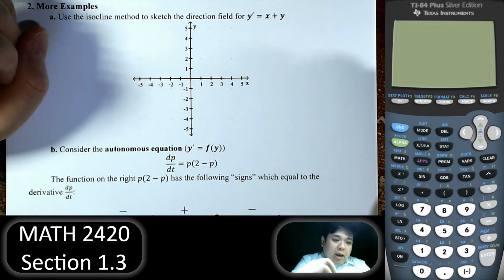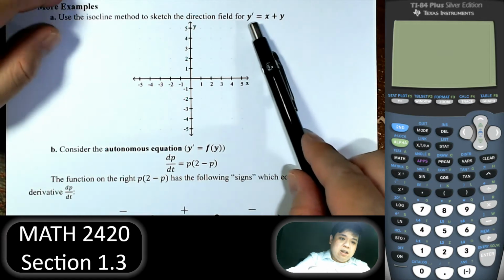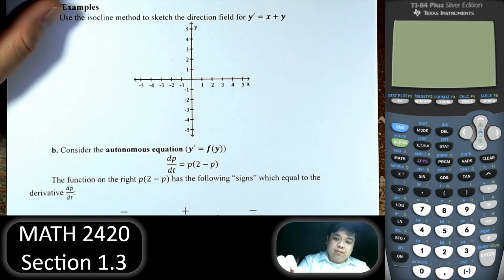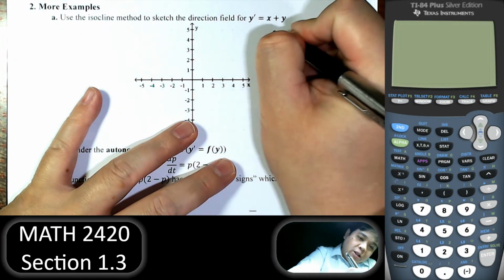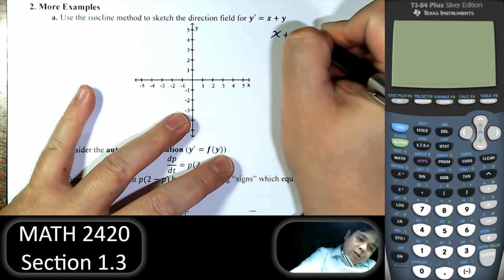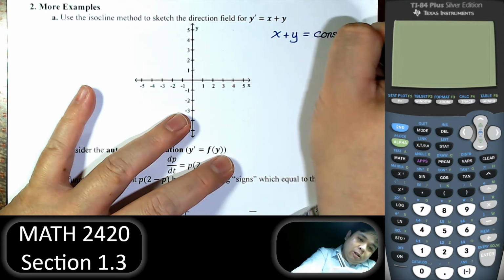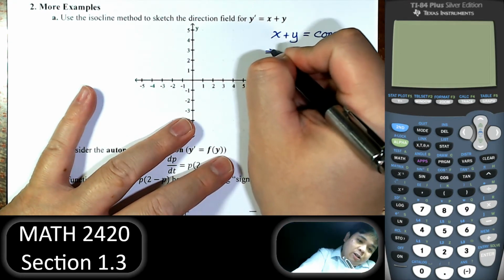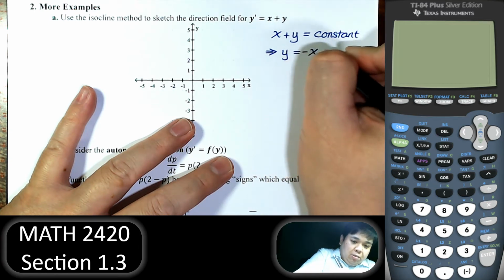So in order to find the isocline, what we will look at is whenever this is equal to a constant. So if we have x plus y equal to a constant, then we have the equation y equal to minus x plus a constant.